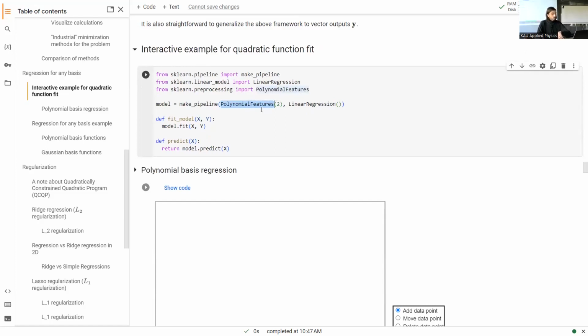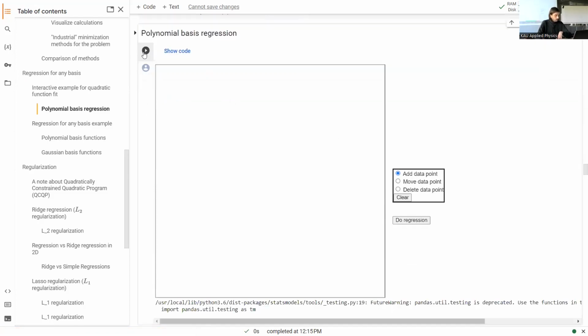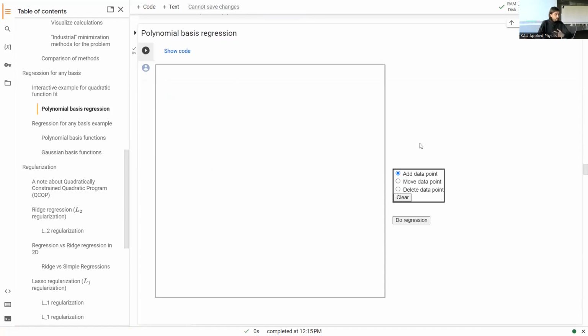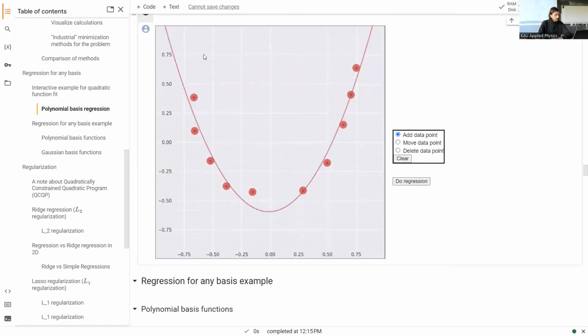On that result, I'm using the same linear regression I have used previously. What I get at the end of the day is the ability to fit, for example, a parabola. Here I'm putting in some points, I ask for regression, and I get a parabola. But it's still a linear regression.